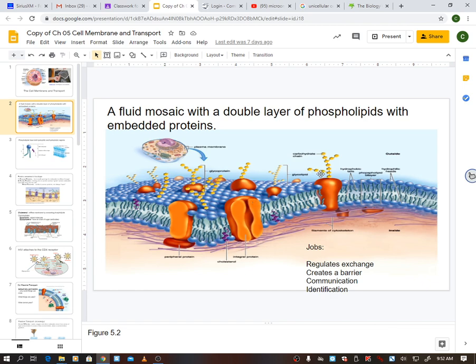But then if you look, there's these carbohydrates out here, and sometimes those are used in cell signaling, because no, cells don't talk, but they do signal each other. It's almost like their own little language that they have. So you've got signaling, you've got cholesterol in here, there's all kinds of different things going on within the cell membrane.